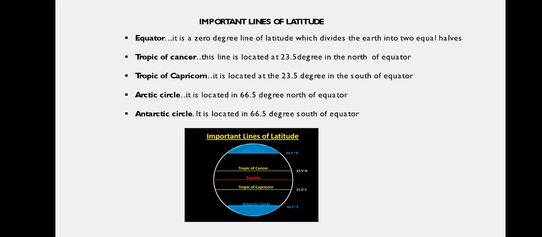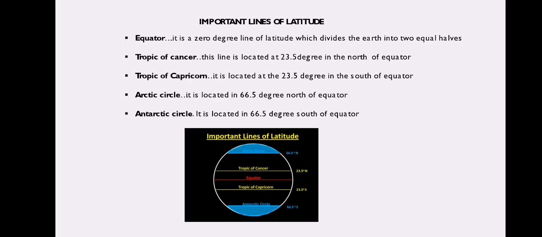As we proceed from the Tropic of Cancer towards the Arctic Circle, the intensity of heat decreases. Same goes for the Antarctic Circle, which lies at 66.5 degrees south of the equator. As we proceed from the equator southwards up to the Antarctic Circle, the heat decreases and the climate becomes cooler.